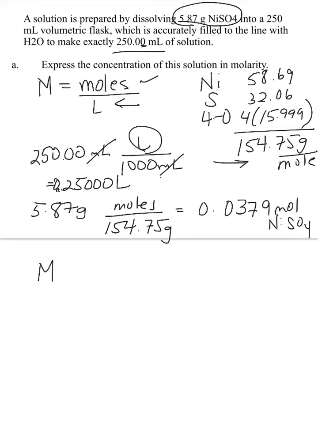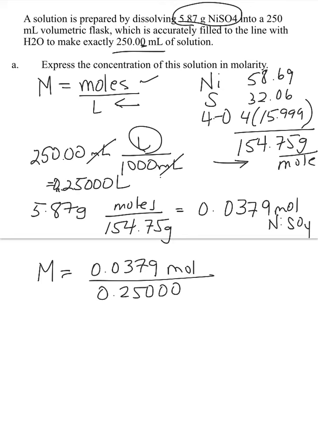So if I want to then find the molarity, that's going to just be the number of moles, 0.0379 moles divided by the volume, which is 250 milliliters, or 0.25000 liters, and that comes out to be 0.1517 capital M for molar.